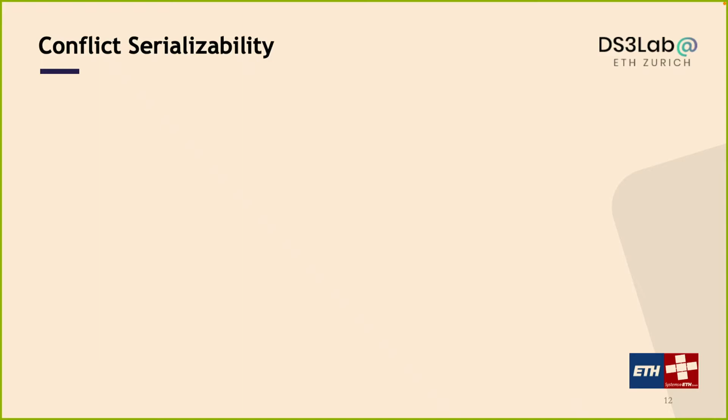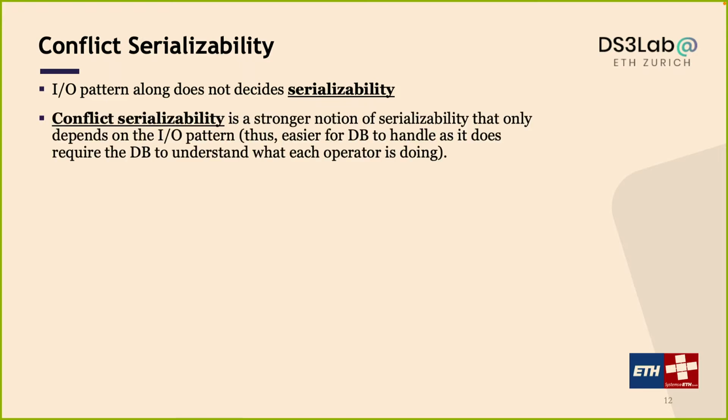So because of that, we want to introduce a different notion of serializability called conflict serializability. We see the I/O pattern itself, the arrangement of read and write, does not fully decide serializability. It depends on the computation and the database state, which are very hard for a system to analyze automatically.